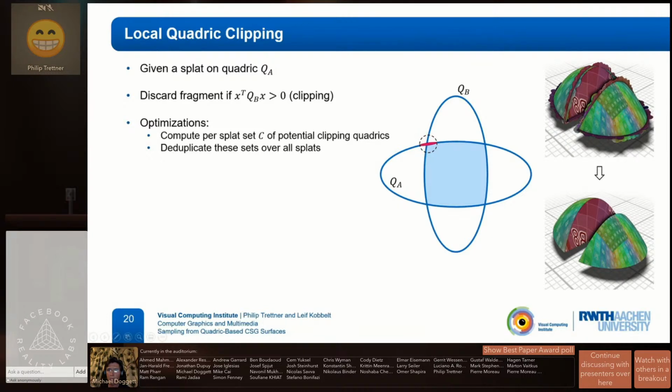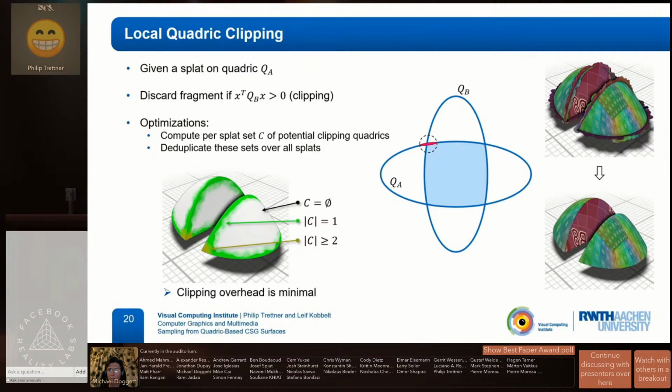We deduplicate these sets so that the overhead per splat in the end is only roughly 2 indices, and the result is a really efficient clipping procedure. So most parts of the surface don't have any clipping at all. At edges, we usually get 1 clipping evaluation, and then only at corners do we have 2 or more of these evaluations.